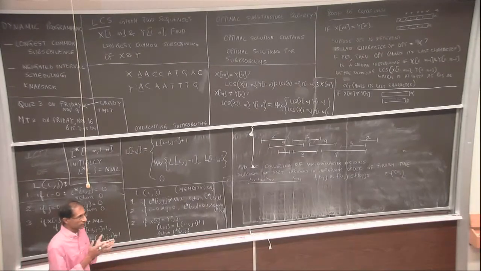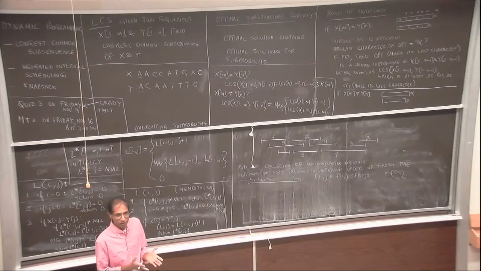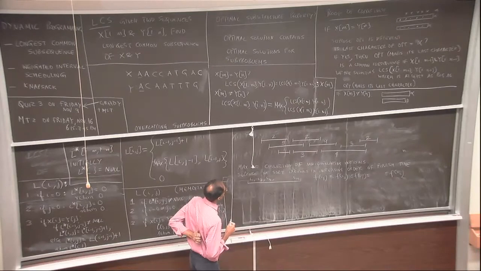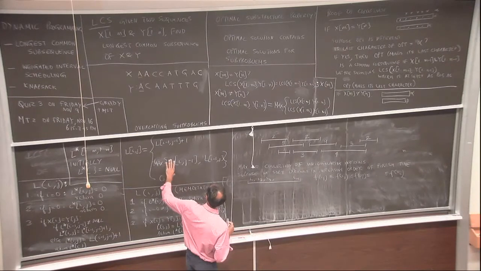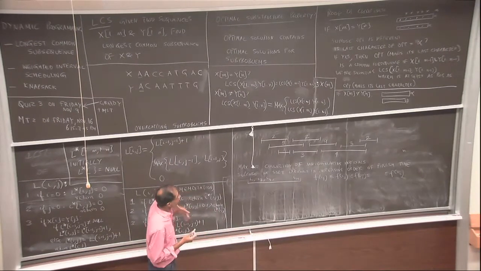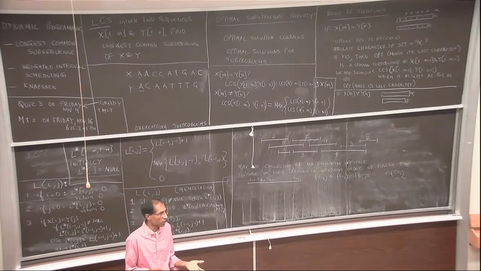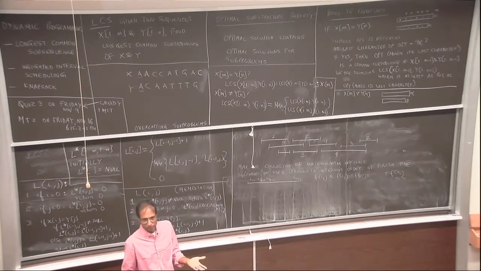As I said, we don't know whether it should be part of the optimal solution, but there are two possibilities. Either it is part of the optimal solution or it is not.